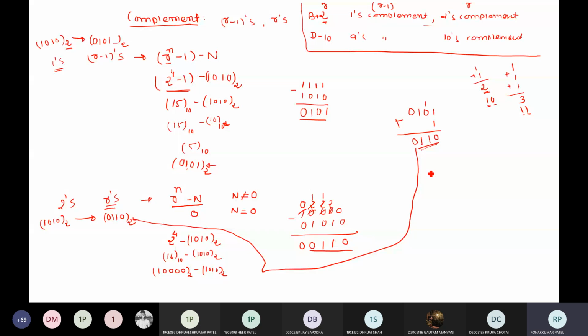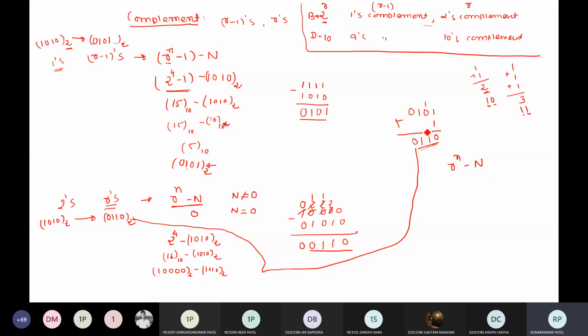Let's see this. The r's complement equation is r raised to n minus N, for N not equal to 0. If it is 0, then we directly put 0, right? So r raised to n minus N is the equation for r's complement.